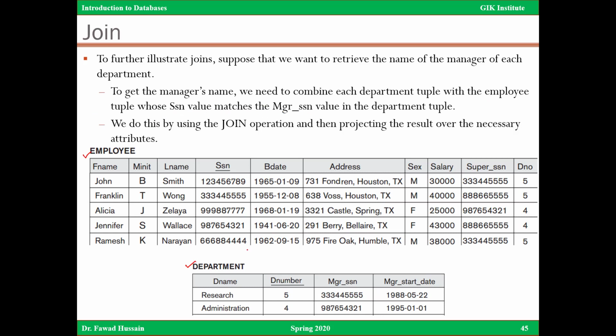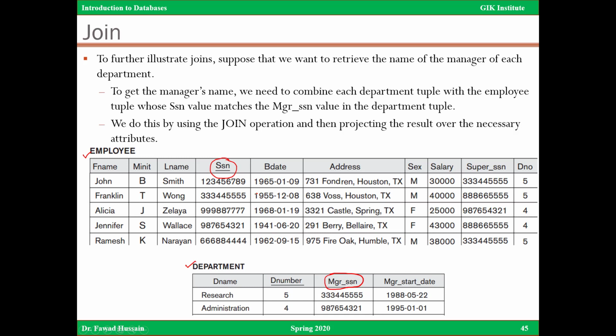So what's matching between them? You have the department name and the department number. The social security number of the employee has to match with the social security number of the manager, because the manager is nothing but one of the employees. So to make this, you have to make this matching.